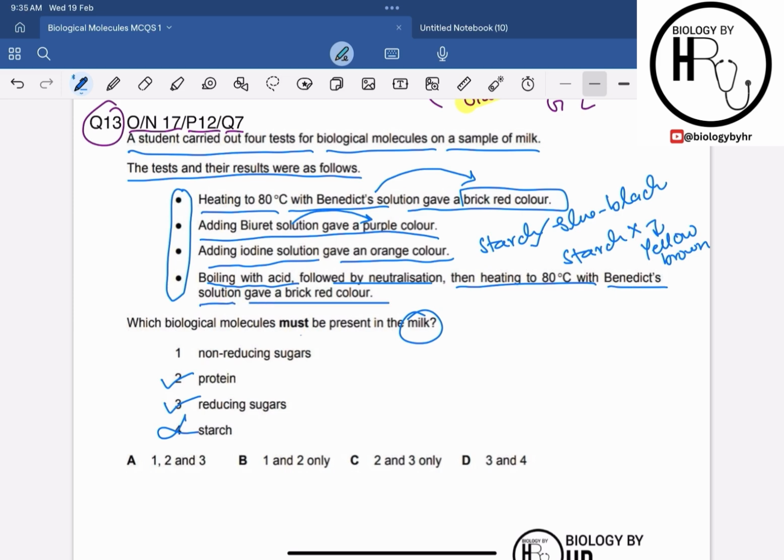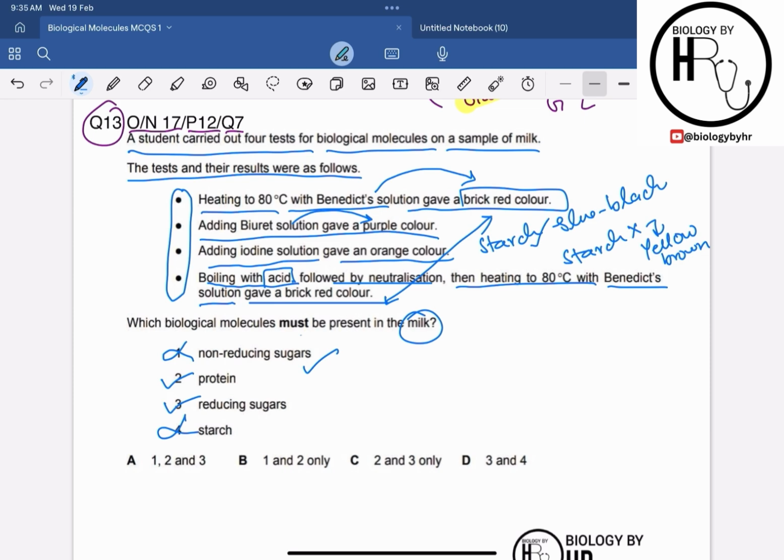The color change remains the same as for the Benedict test, for the non-reducing sugar test as well, which means that the non-reducing sugars are not present, right? If the non-reducing sugar would have been present, and I already told you that when the acid hydrolysis is done, the glycosidic bonds are broken down and more reducing sugars would be present in the solution, and a darker color may be seen, right?